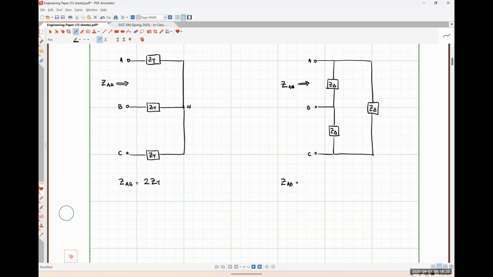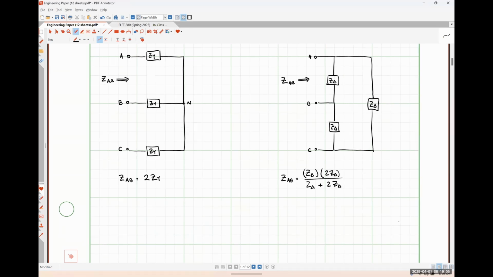So between the A and B terminals, I've got this guy directly, and then in parallel with that, I'm going to have these two guys added together. Okay. So that's going to look like Z delta multiplied by 2Z delta over Z delta plus 2Z delta like so.